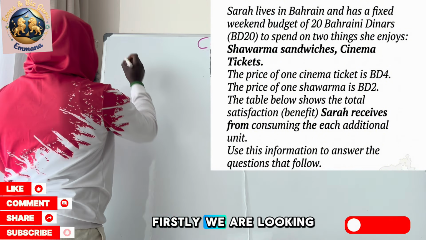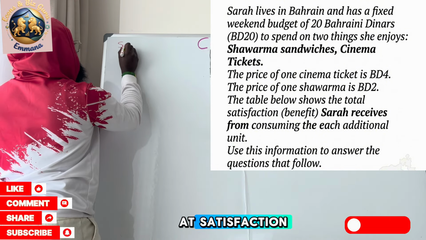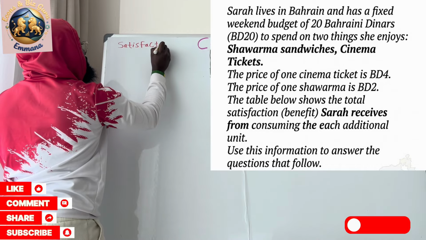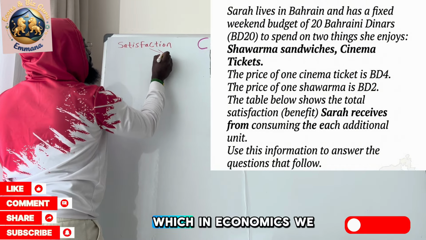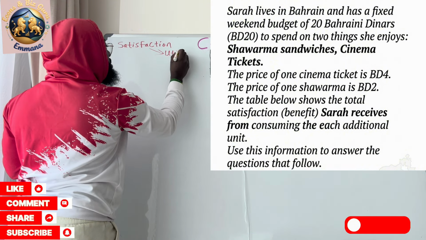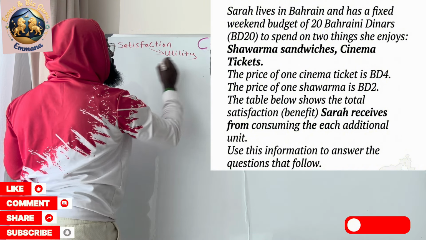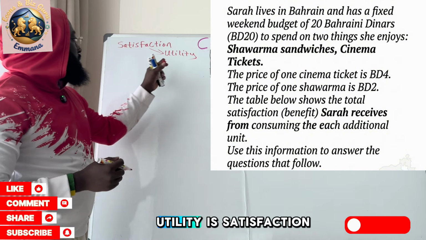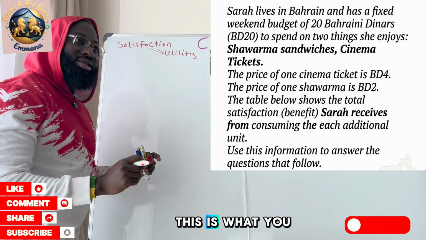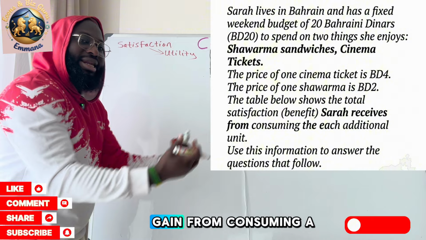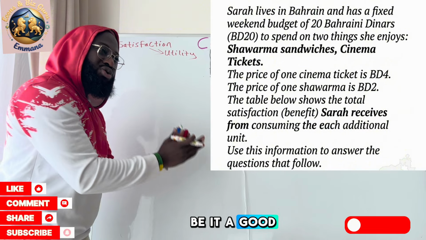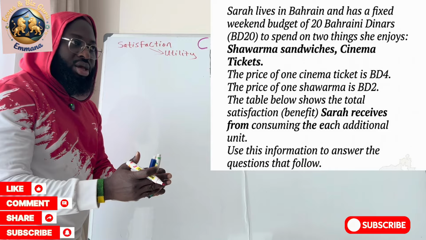Firstly, we are looking at satisfaction, which in economics we call utility. Utility is satisfaction. This is what you gain from consuming a particular commodity, be it a good or a service.